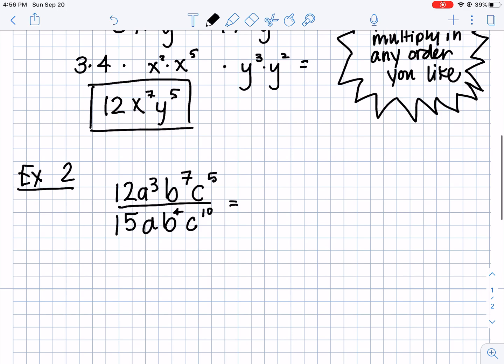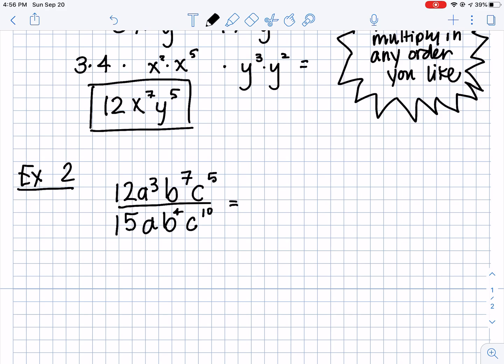So I'm going to take this problem, and you pause the video and write it down, and then come back when you've written it down. I am going to take this and break it up into 4 separate problems. If you remember, when you multiply fractions, you multiply straight across.